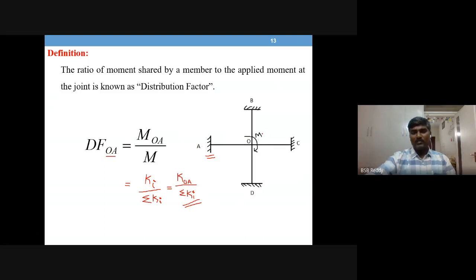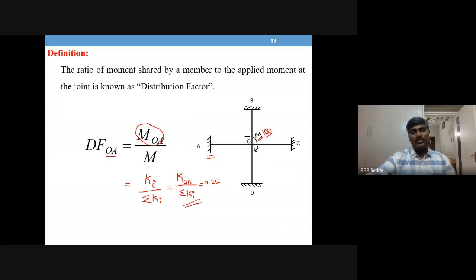If you apply some moment M here, say 100 kilonewton meter at a joint, and the distribution factor of OA is, for example, 0.25, then the moment shared to OA, MOA, is M into distribution factor, that means 0.25 into 100.